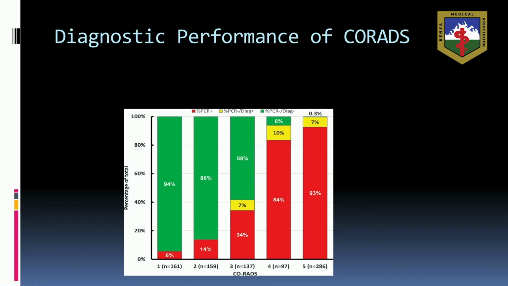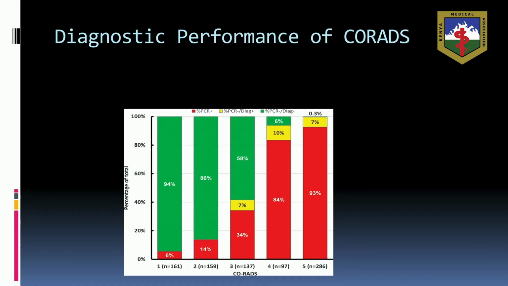In the study that was done for this, you can see the overlap and the diagnostic performance of CORADS. In the red is the positivity of PCR in the score. Yellow is PCR negative, and green is PCR negative and diagnosis negative. If you notice on the lower line of the bar graph, as you go towards CORADS 5, your positivity rate gets to 93%.